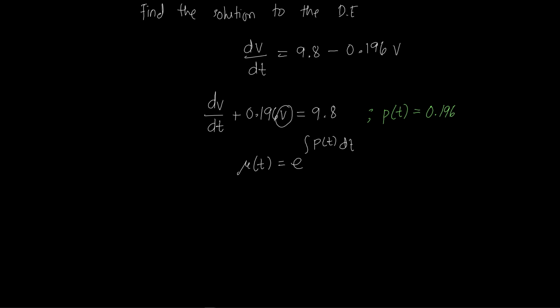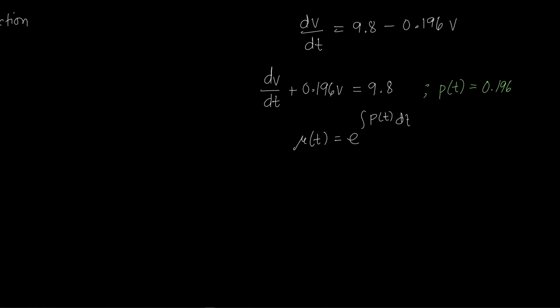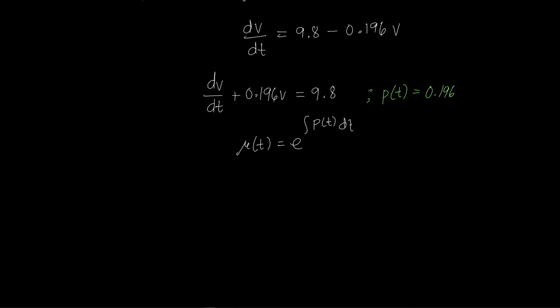Dili, wala na siya apply. Mao na siya ang atong y kung baga, ang atong variable. Di ba? Ang ato dV man siya dire. So, wala na siya apply. Kanina lang 0.196.